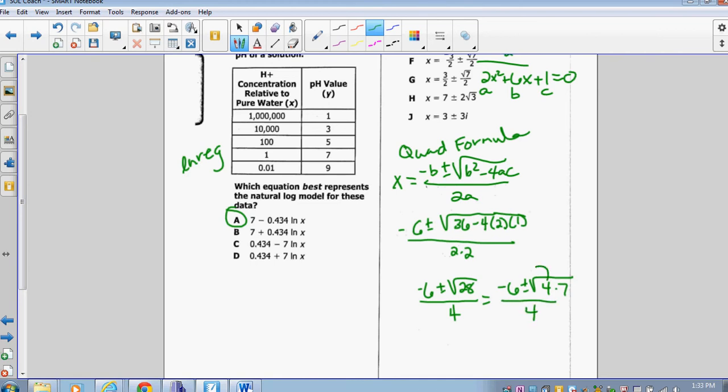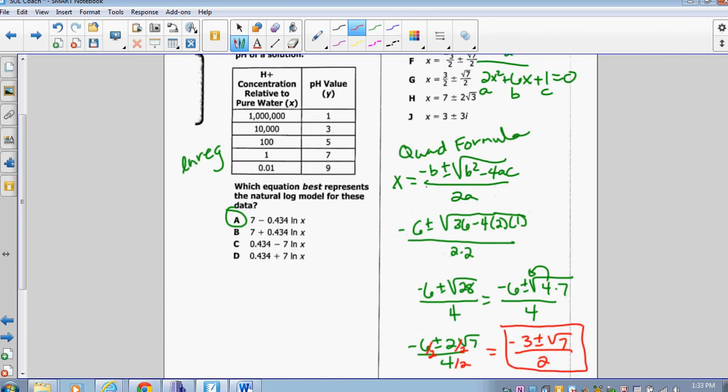So then you can take out the square root of 4. You get negative 6 plus or minus 2 root 7 over 4. And then you can actually divide everything there by 2. So that's divided by 2, that's divided by 2, and that's divided by 2. And that gives you a final answer of negative 3 plus or minus root 7 over 2.